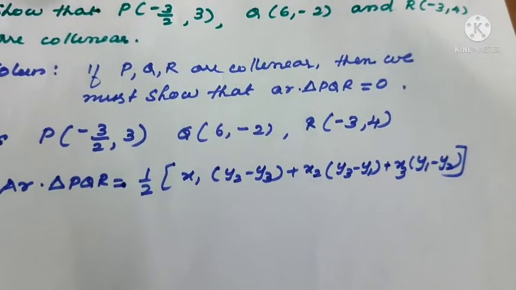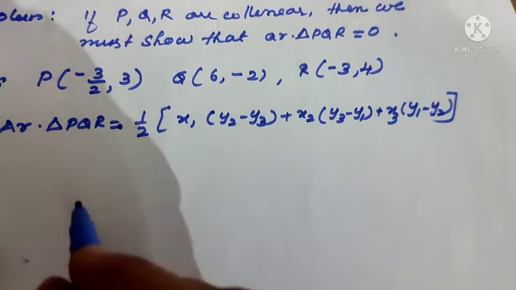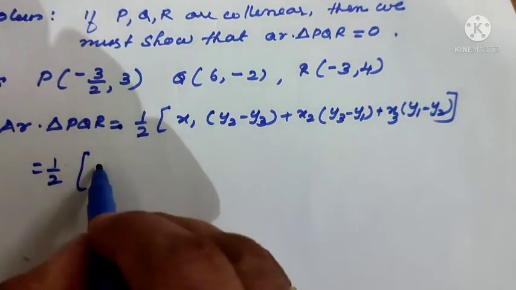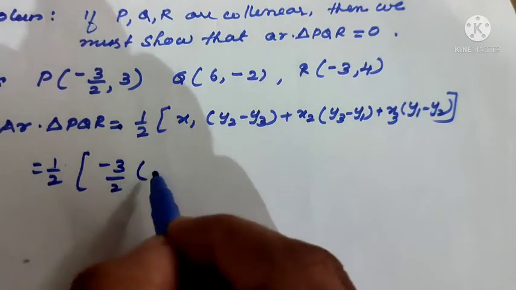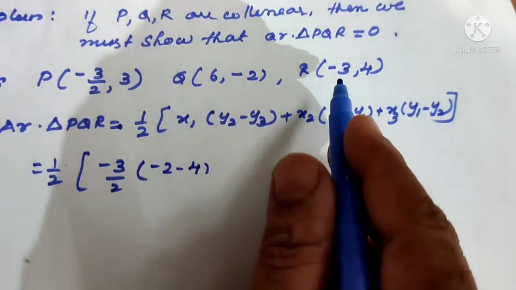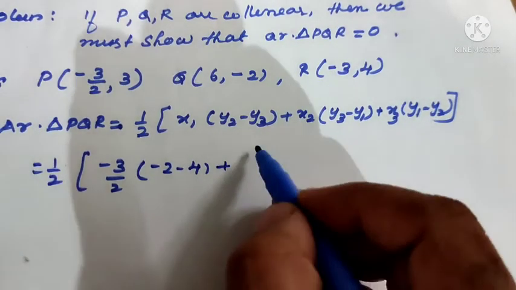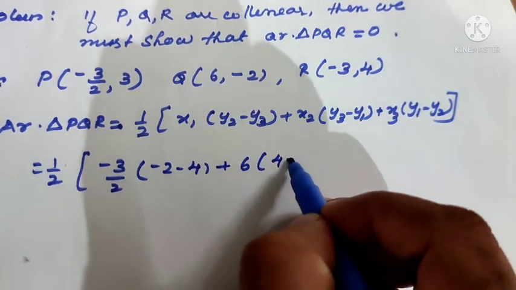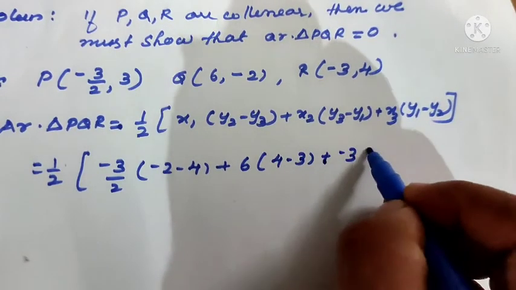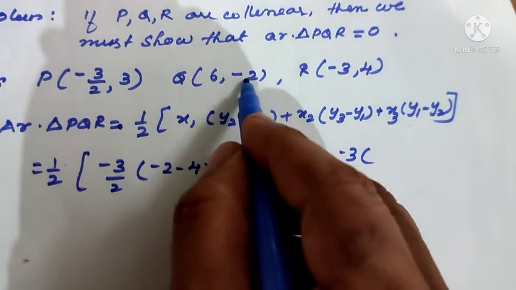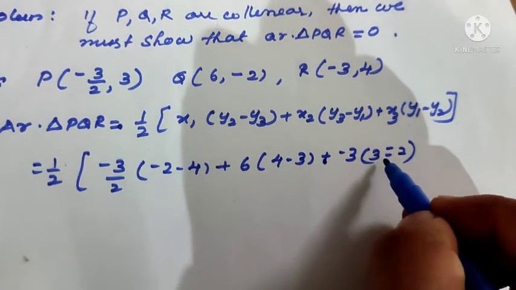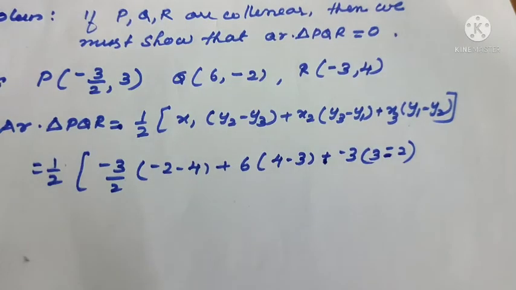So substitute the values first. Half into x1 is minus 3 by 2, bracket minus 2 minus 4, because y2 minus y3, plus x2 is 6, so 4 minus 3, next x3 is minus 3, then y1 is 3 and y2 is minus 2, so 3 minus minus 2, that means 3 plus 2 only.